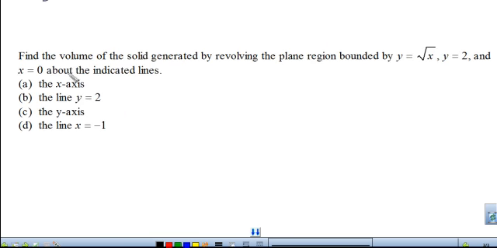The next problem asks us to find the volume of the solid generated by revolving the region bounded by y equals square root of x, y equals 2, and x equals 0 about these different methods. So first thing we're going to do is graph it. So y equals 2, and x equals 0.